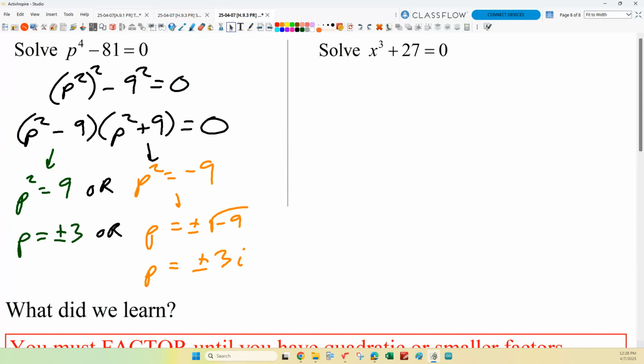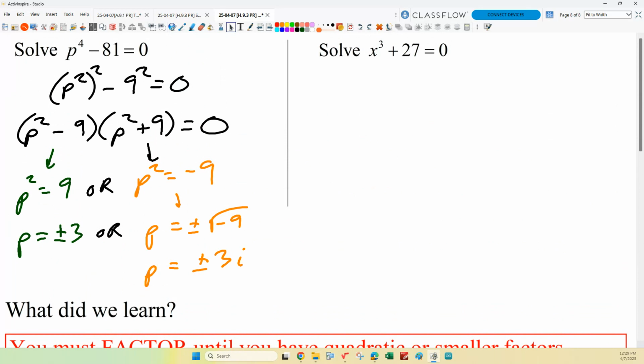I could have factored that again into a difference of squares, p plus 3 times p minus 3, and then used the zero product property and gotten 3 and negative 3, but I chose to quit factoring and just set that factor equal to 0 and solve. Once you get factors that are quadratic or smaller, any factoring from that point forward is all optional. You can just set the factors equal to 0 and solve those quadratic equations.